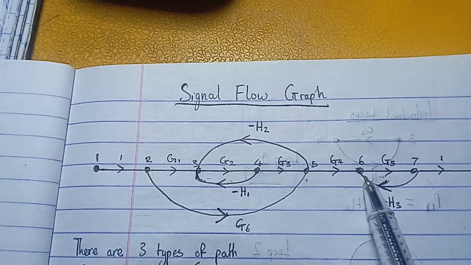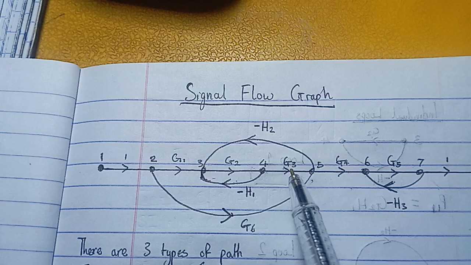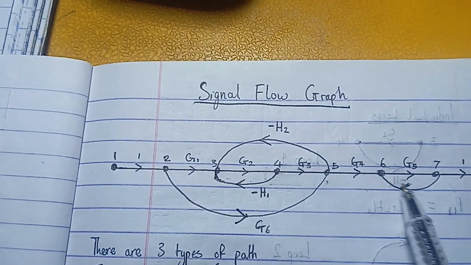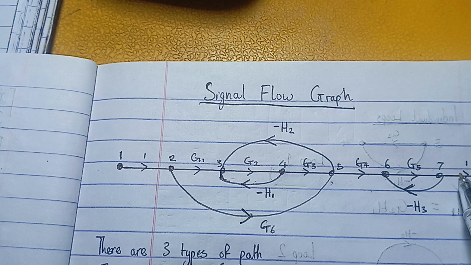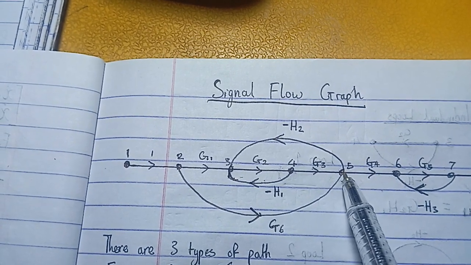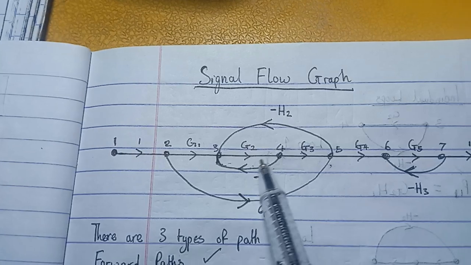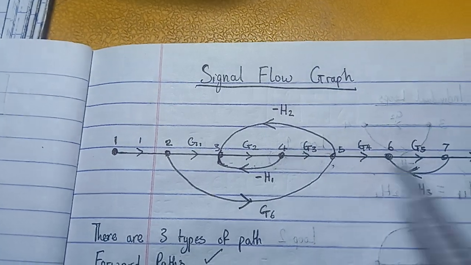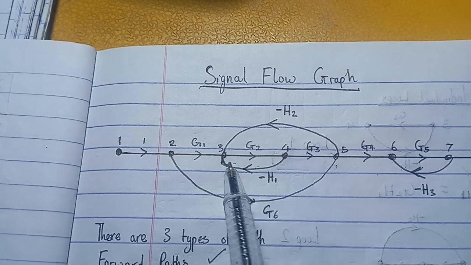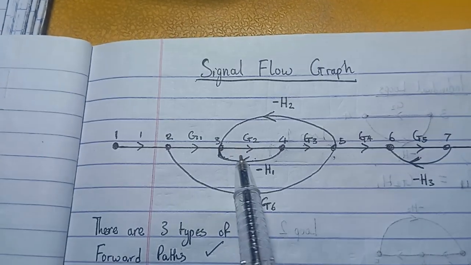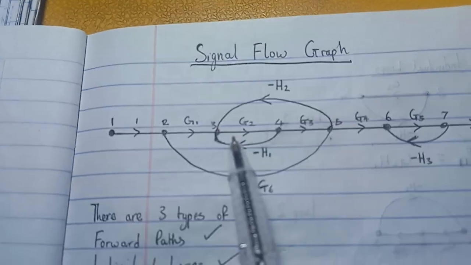Now, this loop touches our second forward path. This loop starts just at here, that means it's also touching the second forward path. But this loop is not touching this line at all. This line going like this, the loop doesn't touch it at all. So this is the only loop we're going to be considering. When they say loop not touching the second forward path, we're talking about this loop here.